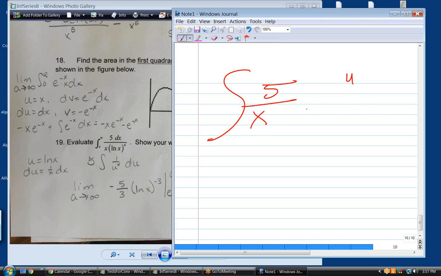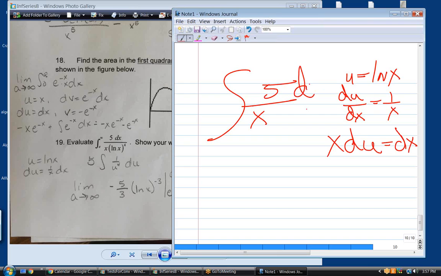I'm going to let u equal natural log of x. So du dx equals 1 over x, and du times x equals dx. So when I go to substitute for dx, I'm putting that in. Notice my x is in the numerator.